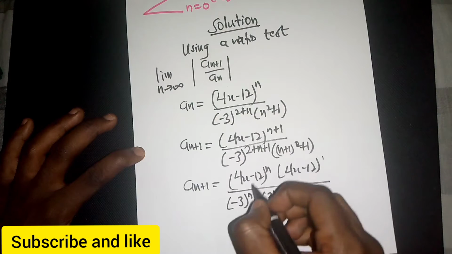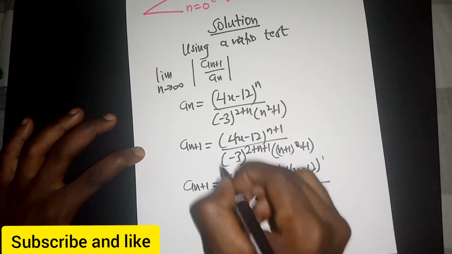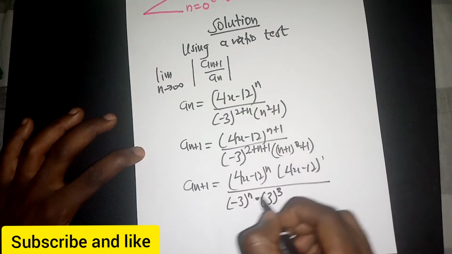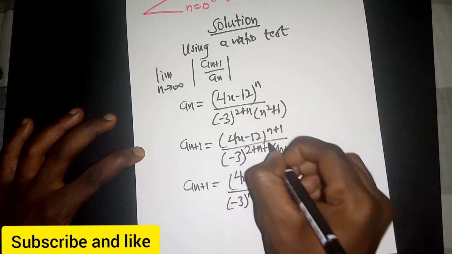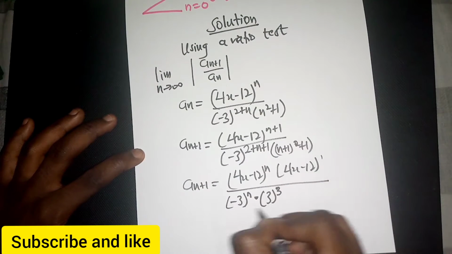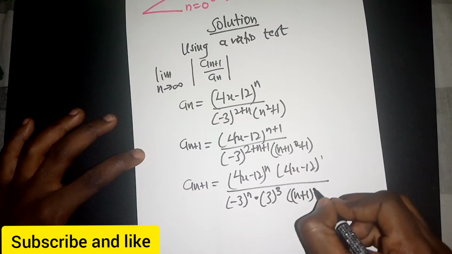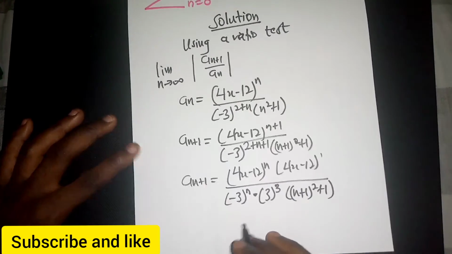Since they are multiplying and have the same base, the exponents add. Then we have (n plus 1) squared plus 1. We leave it this way.